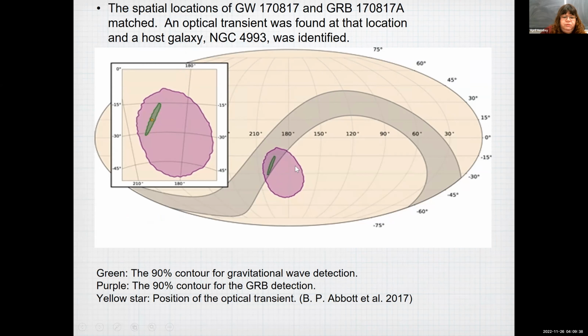The gamma ray burst, the location more or less narrowed it down to the purple area. And then they detected an optical transient, basically like the visible light from the supernova. And the optical transient is a star here. And they also found a host galaxy too, that all basically lined up or were consistent with their location.